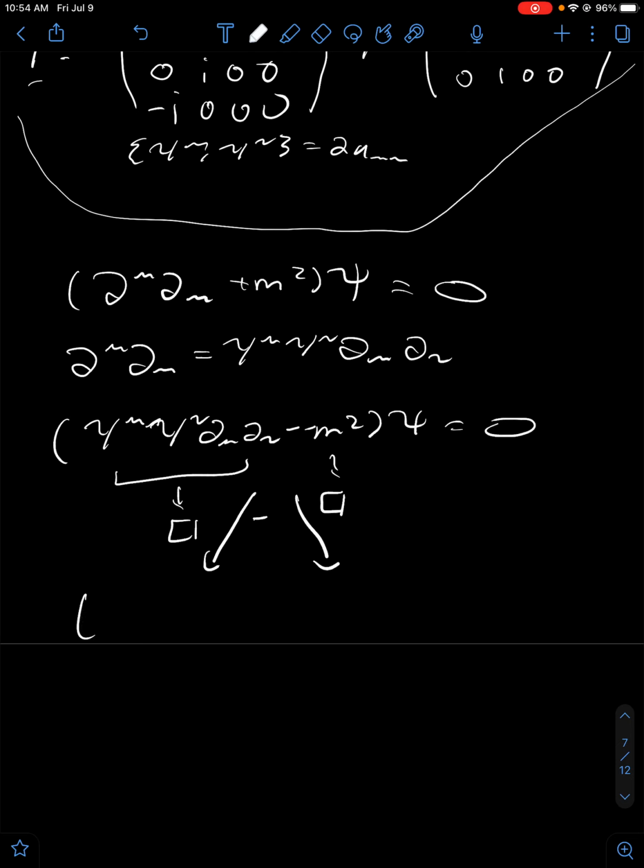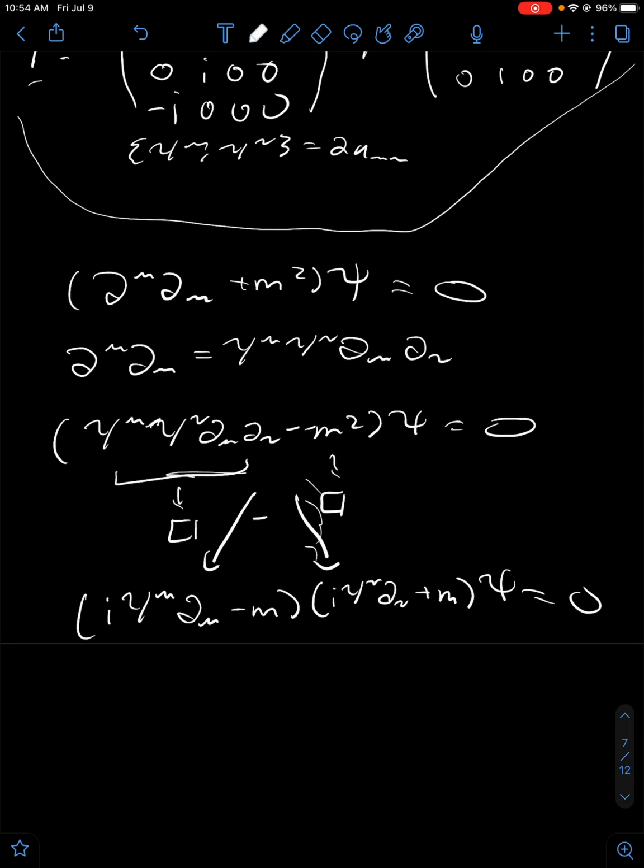So we can factor this into i gamma mu partial mu minus m times i gamma nu partial nu plus m, psi equals 0. So we just use difference of two squares to factor this out.